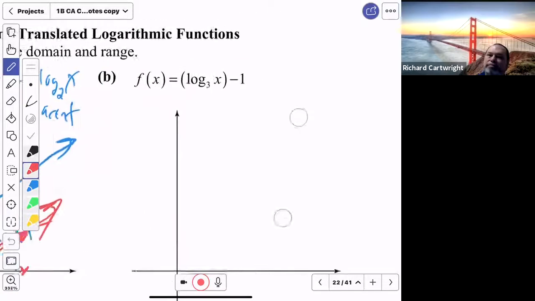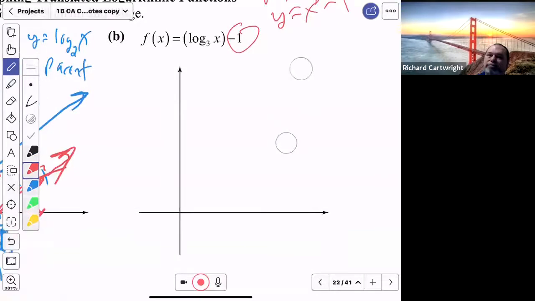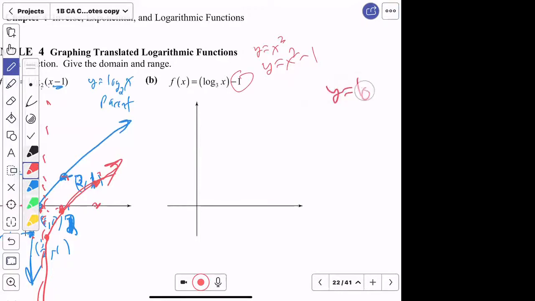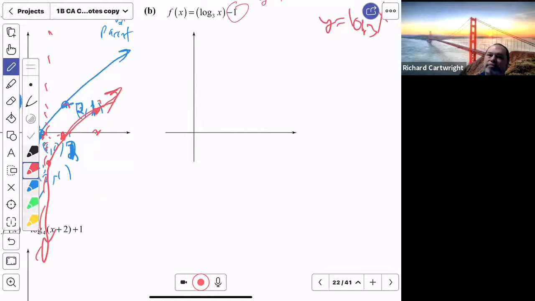All right, I spent too much time. What happens if I take a function like y equals x squared and I subtract 1 from the whole thing? What does it do? While you're thinking, I'm going to figure out what y equals log base 3 of x looks like. No surprise. It looks a lot like the last one did. The values just changed.